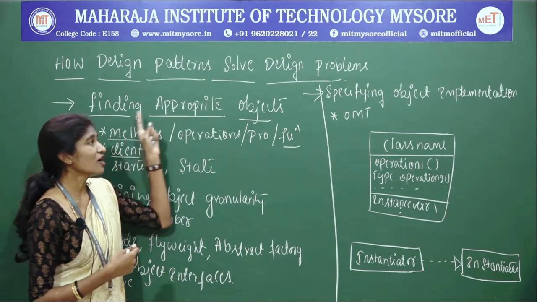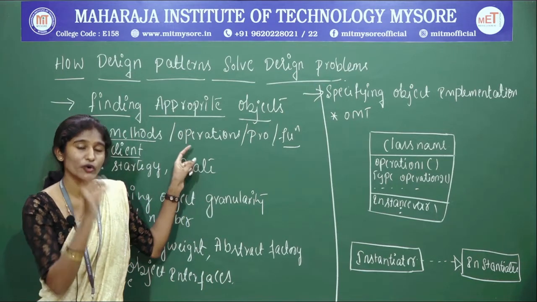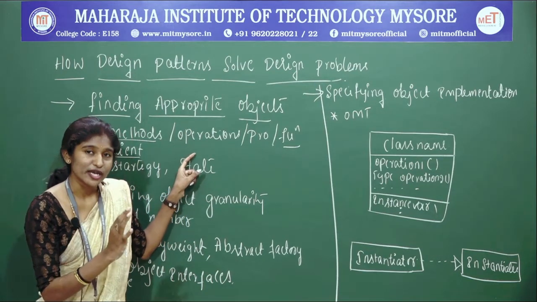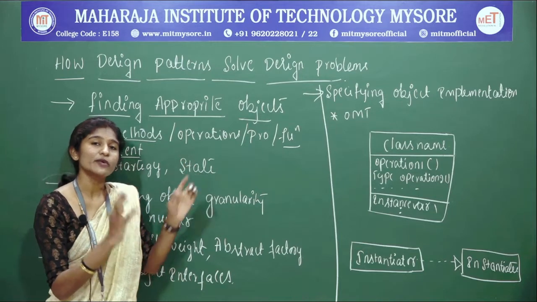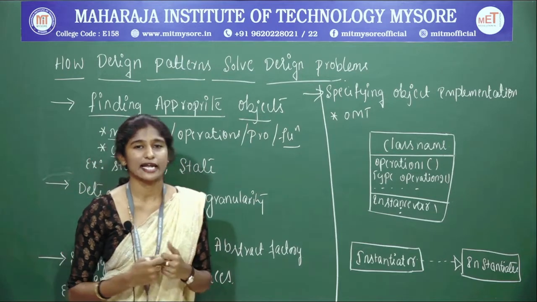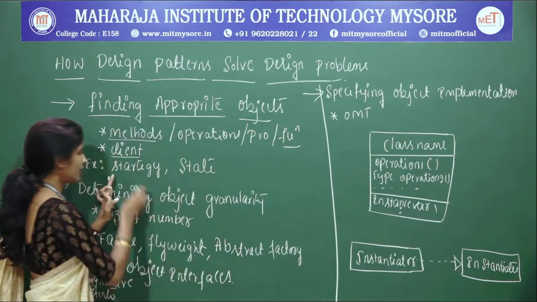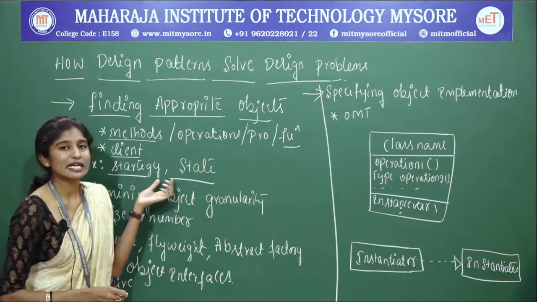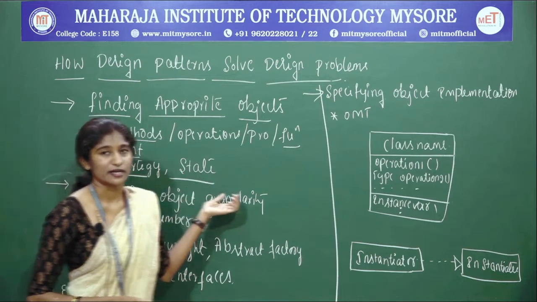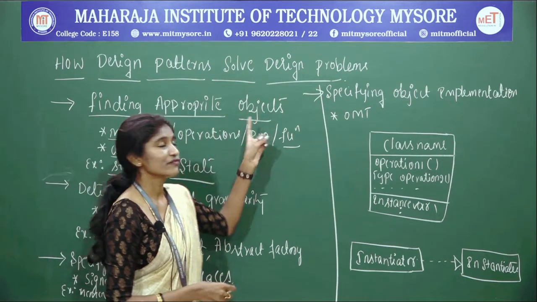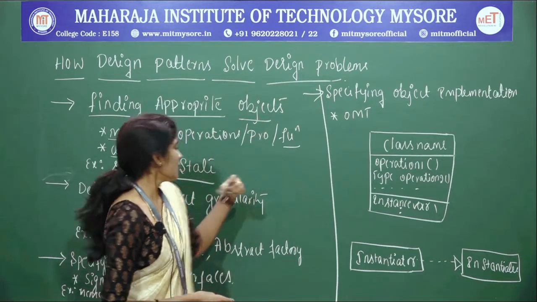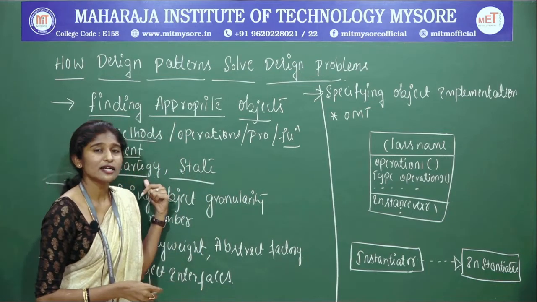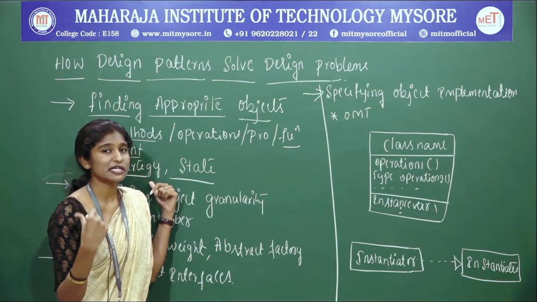So that is finding appropriate objects, meaning it is going to find the particular object, and how that particular object is going to work with respect to the client request. For that I have taken an example of design patterns, that is the strategy and the state design patterns. Towards finding the appropriate objects, you are going to use the strategy. What strategy does, I have explained in the previous class.